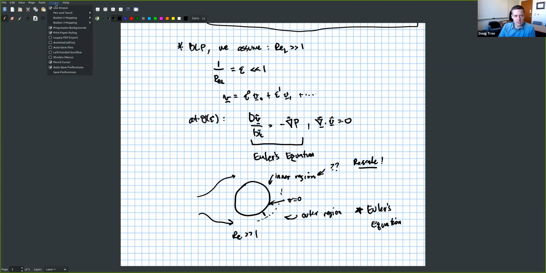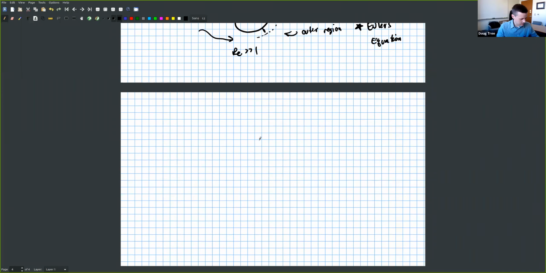So that's the same thing we need to do here: we need to rescale using the size of the boundary layer, delta, but we don't know what the size is yet.